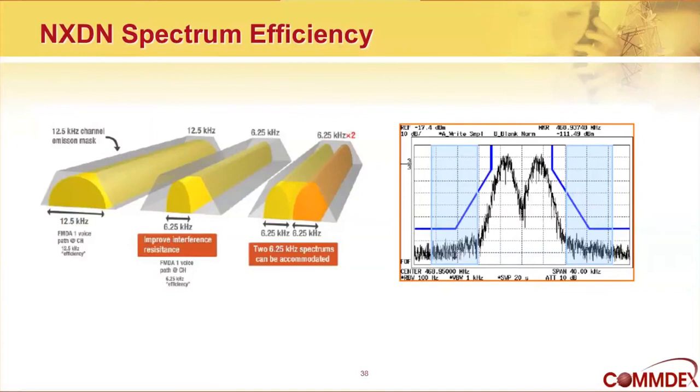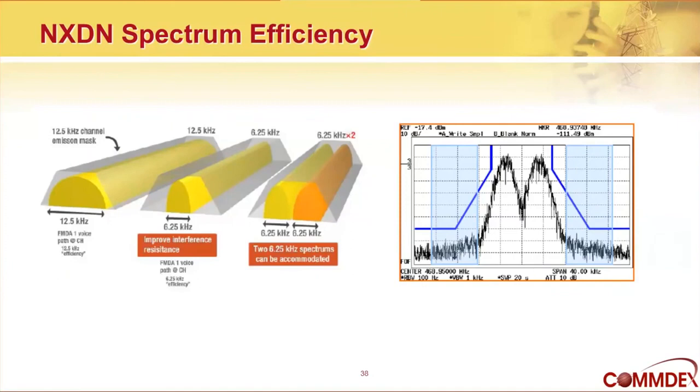As I said, there's two different flavors of NXDN. It can operate in 12.5 kilohertz, or you can go to 6.25. So there's a spectrum plot of the two-channel FDMA NXDN.